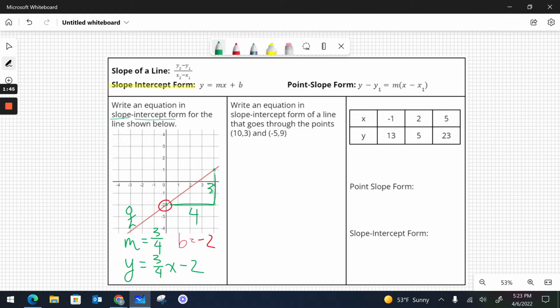Looking at the next example, in this example they give us 2 points and then ask us to write it in slope-intercept form. We can use the formula for slope. y2 minus y1 over x2 minus x1.